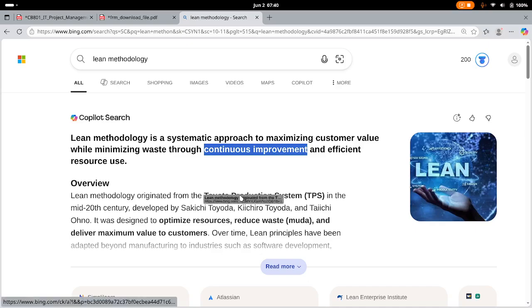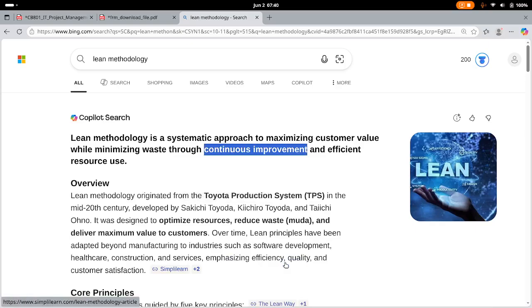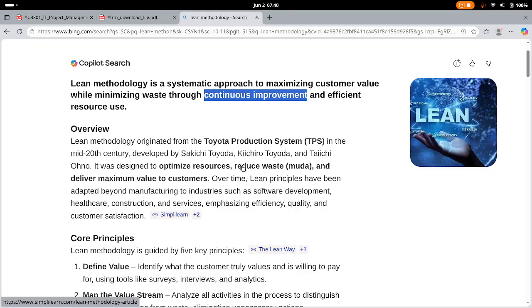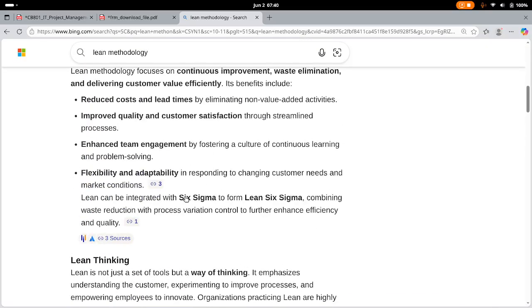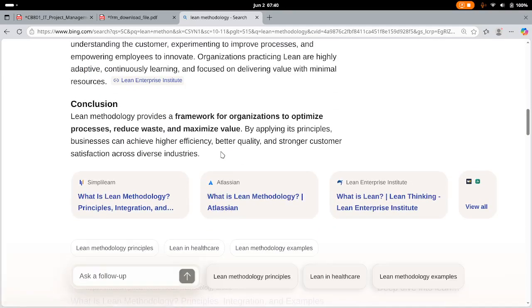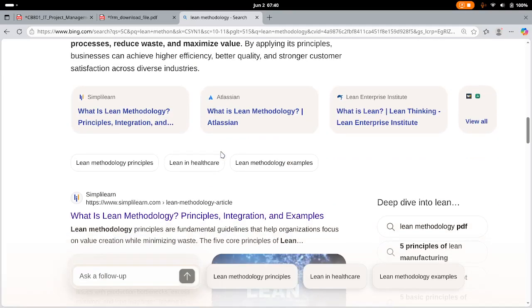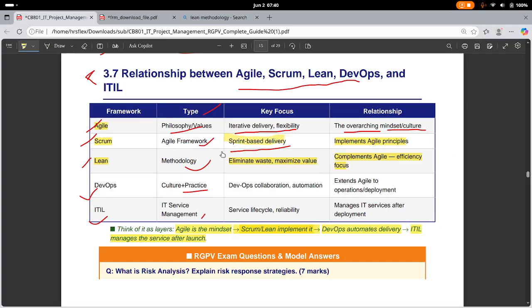Toyota uses this type of Lean, so it reduced waste and maximized value. You can see Six Sigma like processes. It is a way of thinking. So it is a Lean methodology. It's like Agile only, like an implementation of it.